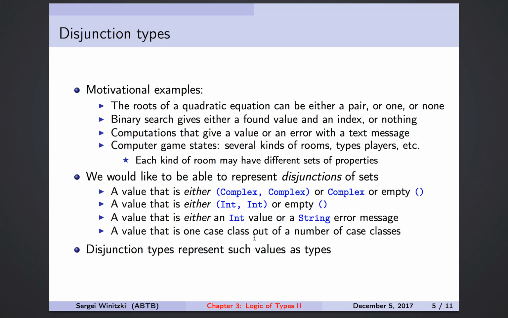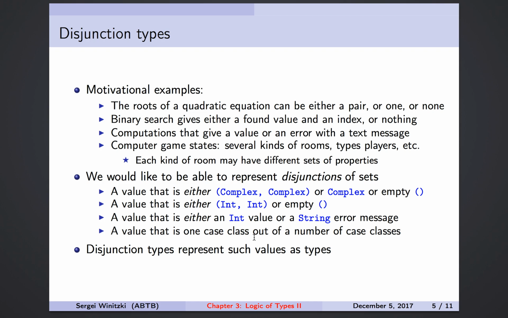So for example, if you are asking what are the roots of a quadratic equation, then the answer is it could have two roots, or it could have one root, which means two coincident roots.